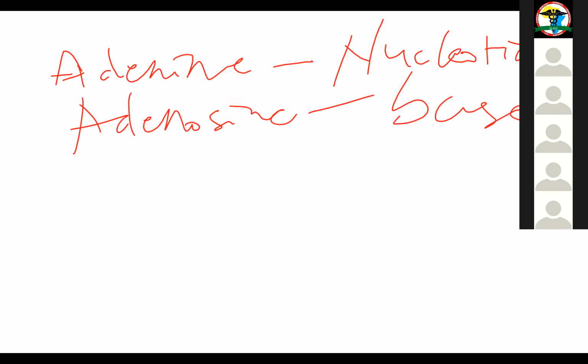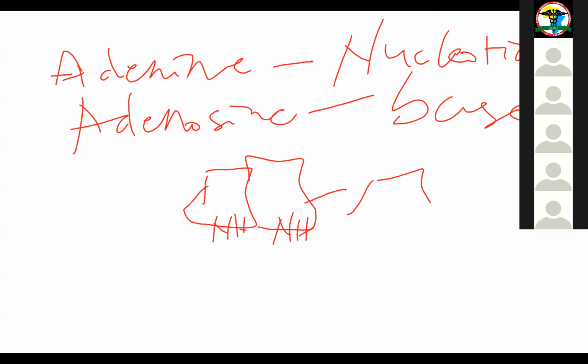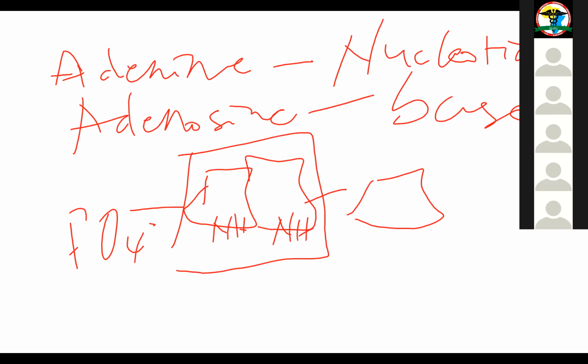A base, like I told you guys, is a nitrogenous compound, either a single or double branch chain that has nitrogen in it. That's why they are called nitrogenous bases. This is a base. Do you understand? Then to this base, when you attach a ribose sugar and a phosphate, that's when the name changes from adenosine to adenine.